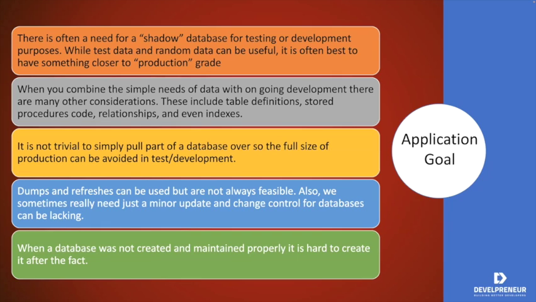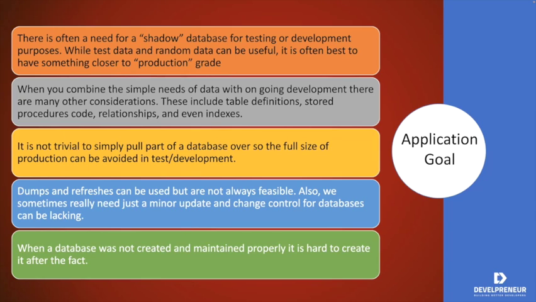We also have situations where we don't have a way to spin up a development environment. You basically have to point to the production database because they don't have scripts, they don't have history, they don't have anything for you to create a small, clean or fresh database. All they have is you just pull the whole thing down.